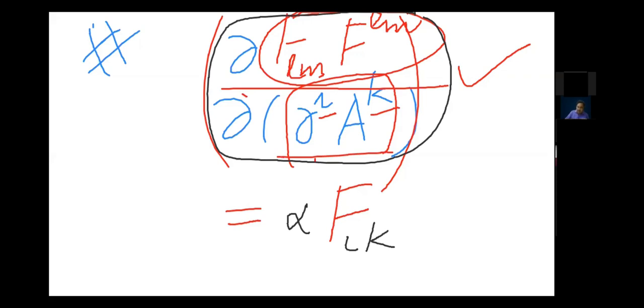But one thing I know is that overall this expression should be a tensor, and that tensor could be any tensor, right?